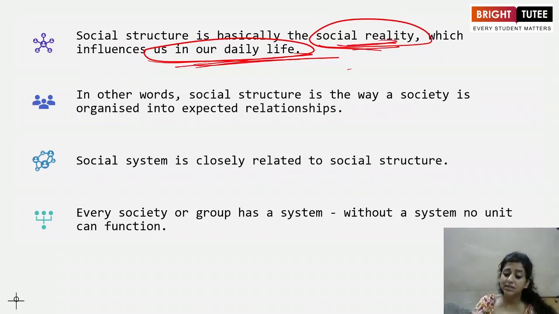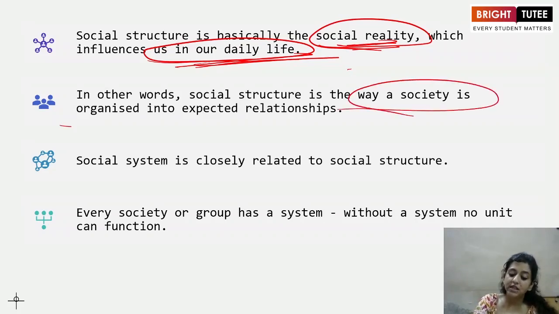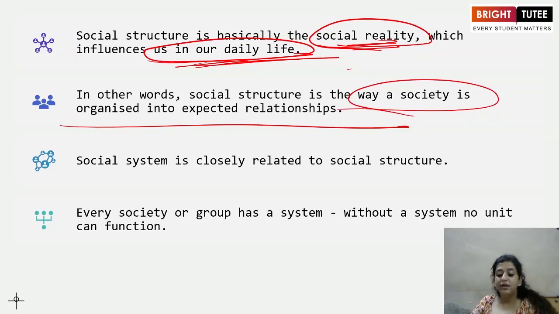In other words, they say that social structure is a way a society is organized into expected relationships. How are we expected to respond? How are we expected to perform our duties to make the lives of others easier? All of these aspects are involved in this concept of social structure.